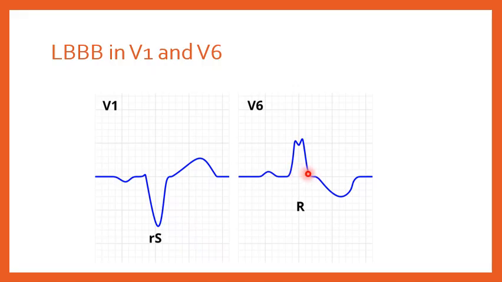It's over in V6 looking at the left side, and we also have a strain pattern with a flipped over T wave over there in V6. And so this is an example of what the QRS complex would look like in a left bundle branch block, comparing V1 to V6.